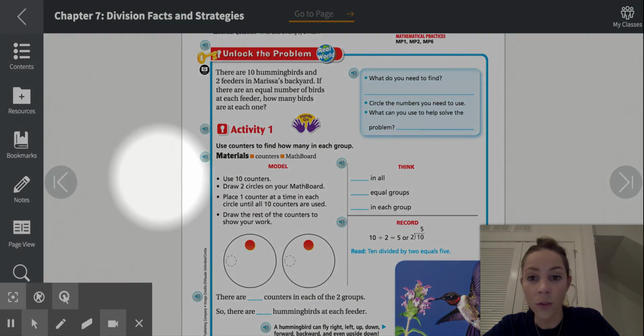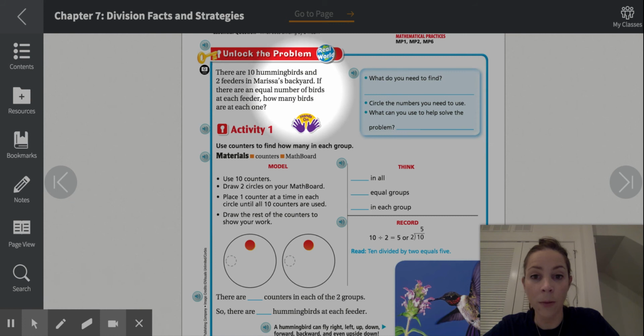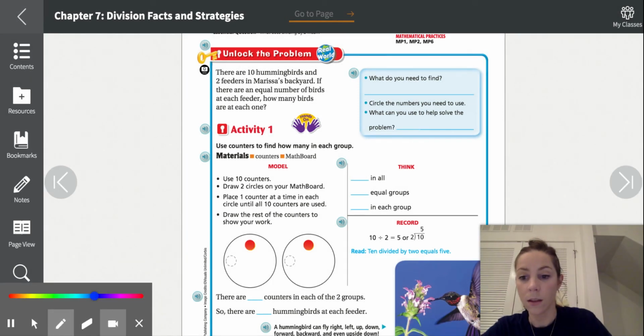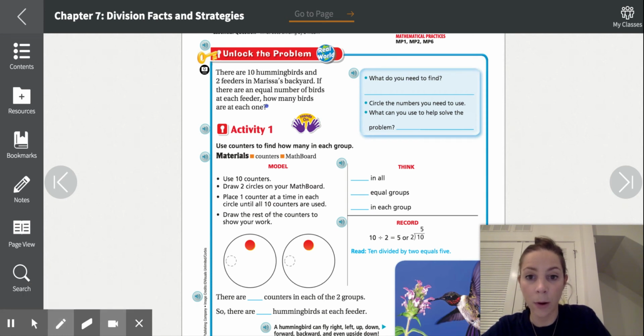All right, so for this one, if I look at my Unlock the Problem, I'm noticing that I'm trying to find how many birds are at each one. And so that says each.